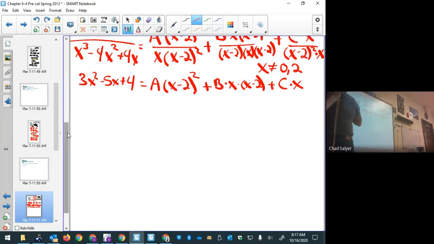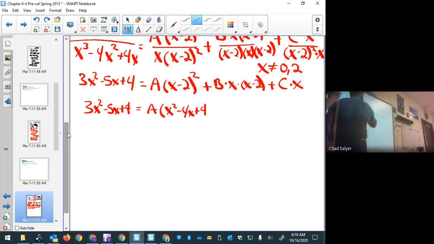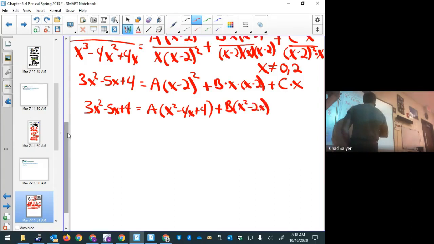All right, so let's simplify that right side. So that's A times (x squared minus 4x plus 4) plus B times (x squared minus 2x) plus Cx.